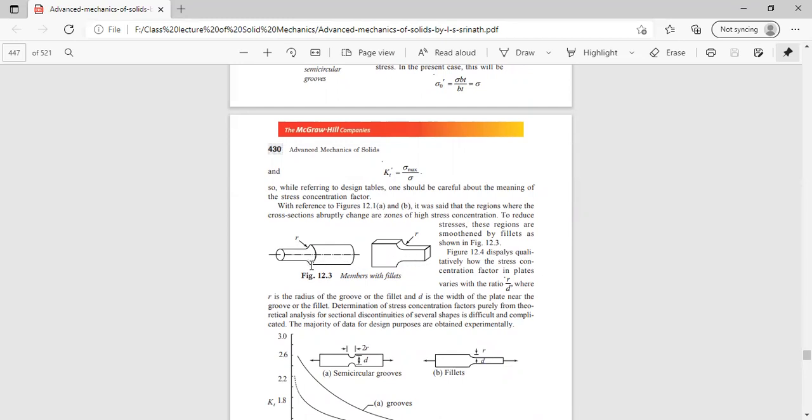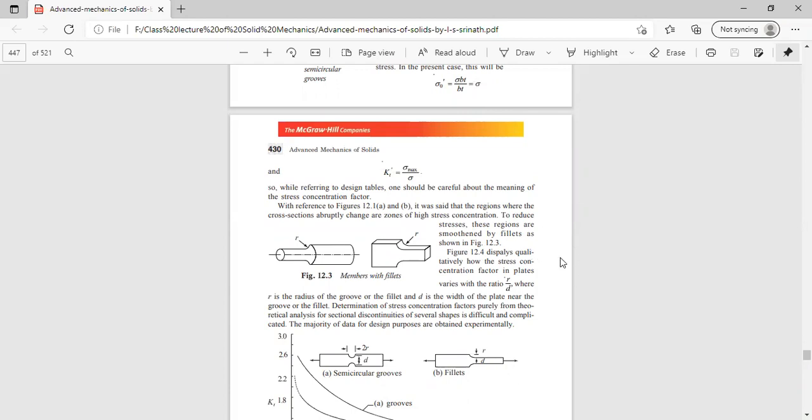There is a fillet induced here and here, which will take a certain amount of load. It will bear the stress, and the stress at the point of intersection will reduce to a certain extent. This is defined as fillets and other things.